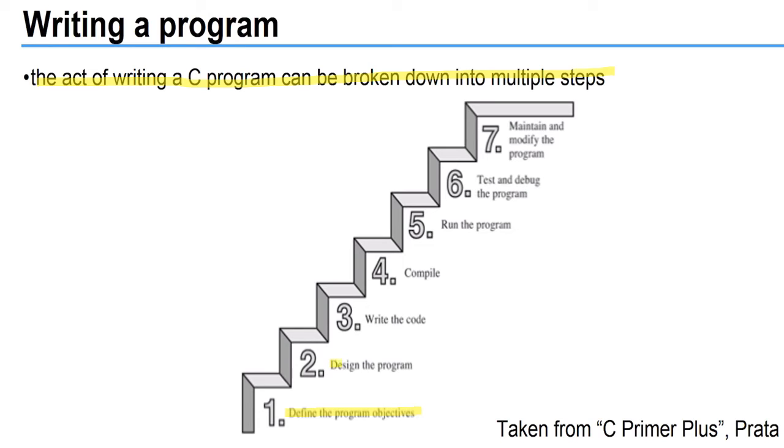Next, design the program. You need to imagine how it would be and what you are going to do in it. Then write the code, compile it, run the program, and test and debug the program.